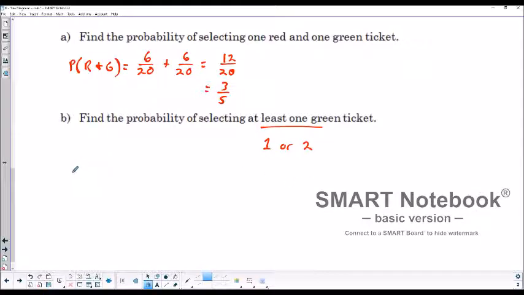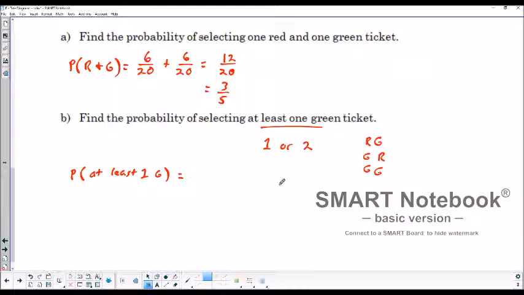Okay, so we can say here, I guess we just have to write it, at least 1 green. Okay, so the outcomes are either red green, green red, or green green. So we can do one of a couple of things.